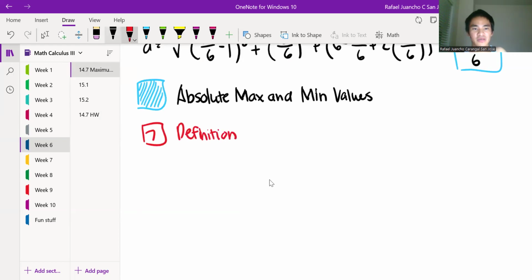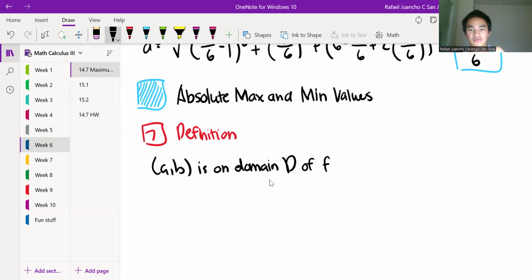We let (a, b) be a point in the domain D of the function f of two variables. So we're saying it's in the domain.